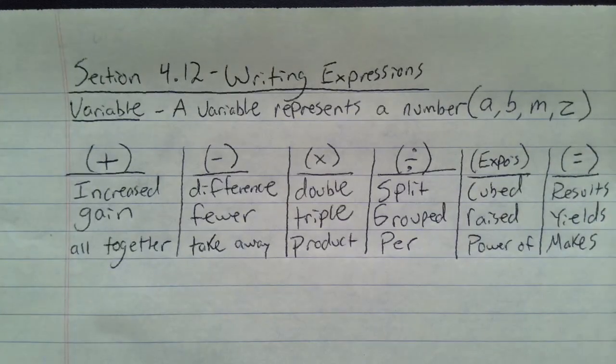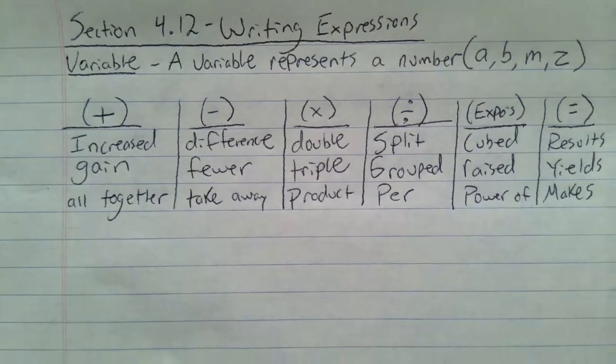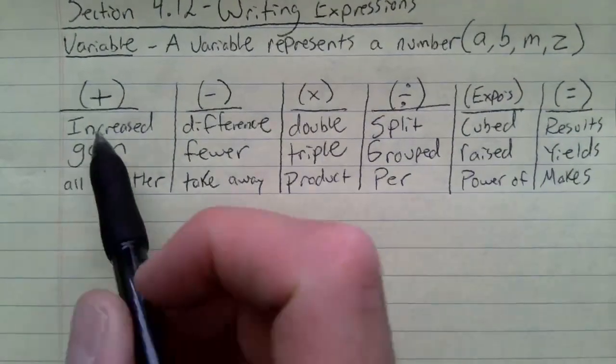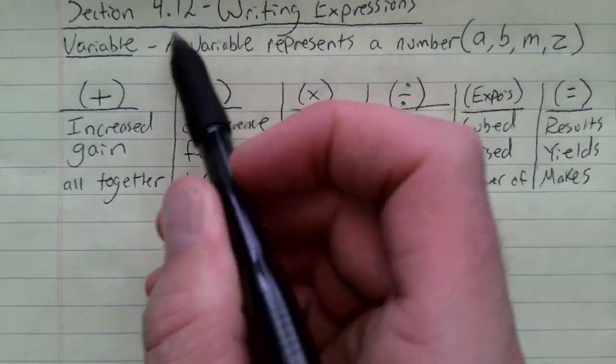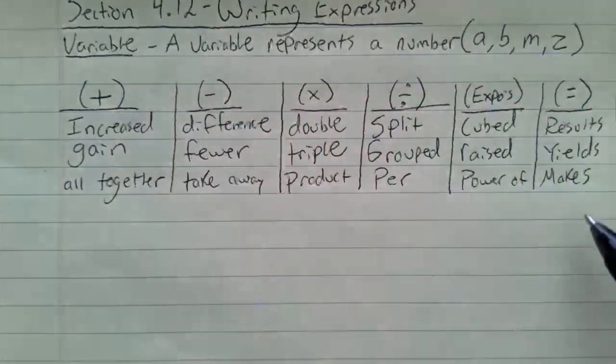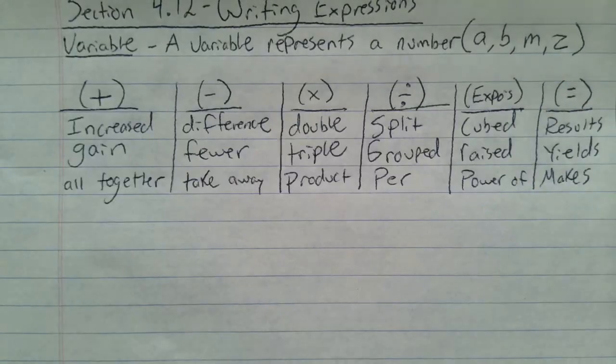Altogether, the recipe makes 12 batches. So those are all typical and very common vocab words that represent the order of operations, including exponents and equals.